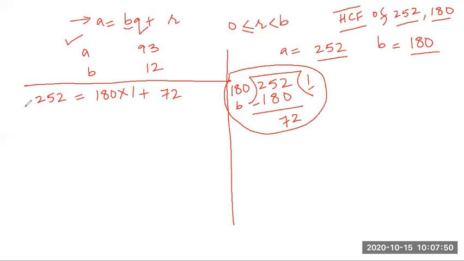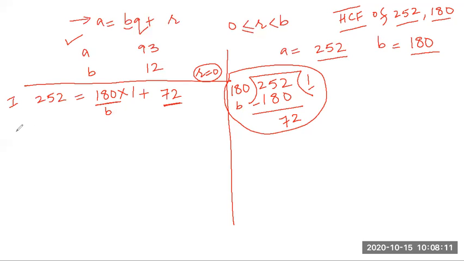Students, I want to continue doing these steps till I get the remainder equal to 0. When I get remainder equal to 0, in that step, whatever is my B, meaning the divisor, that will be the HCF of these two numbers.